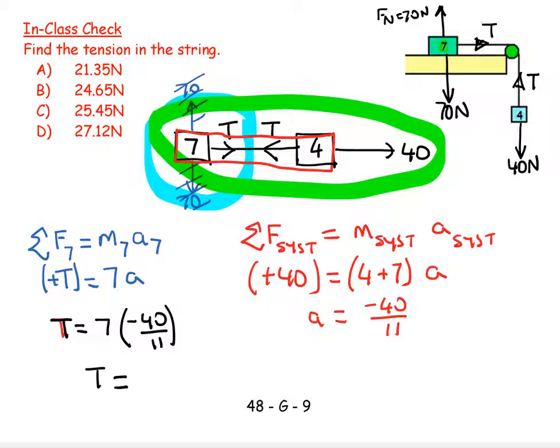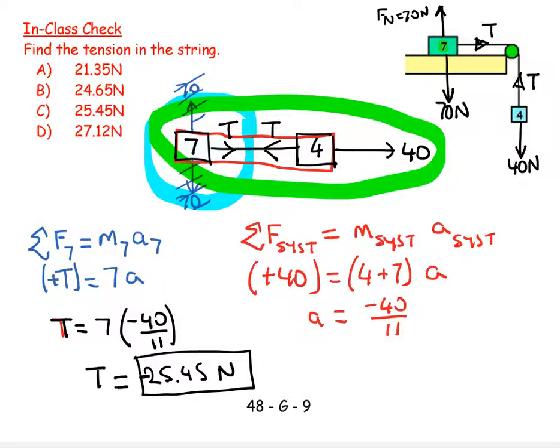So my tension is equal to 7 times 40, divided by 11, and that's going to be 25.45 newtons. So there we have our answer.